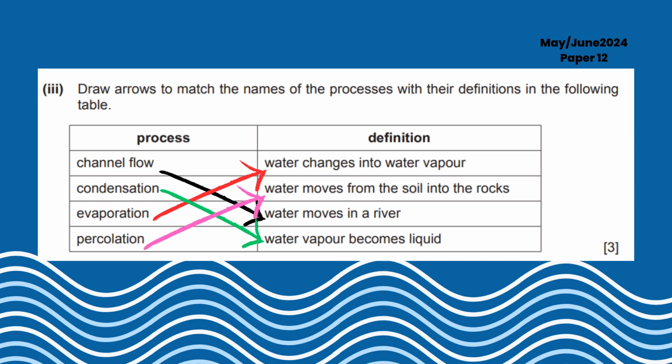It's how water moves from gas to liquid. After forming the clouds, there will be rain, and that's the condensation. Gas becomes liquid.